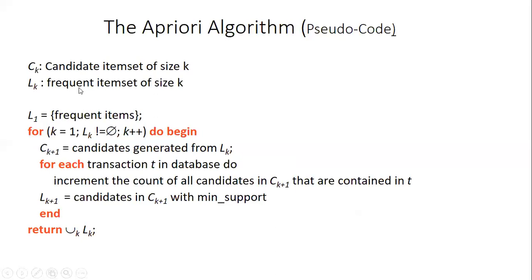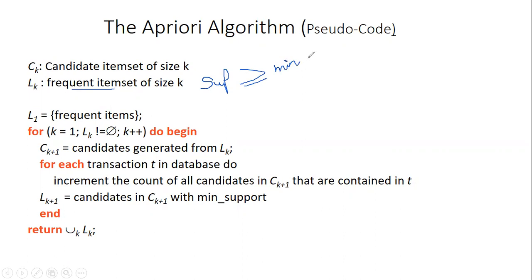A frequent item set always has support greater than or equal to the minimum support.